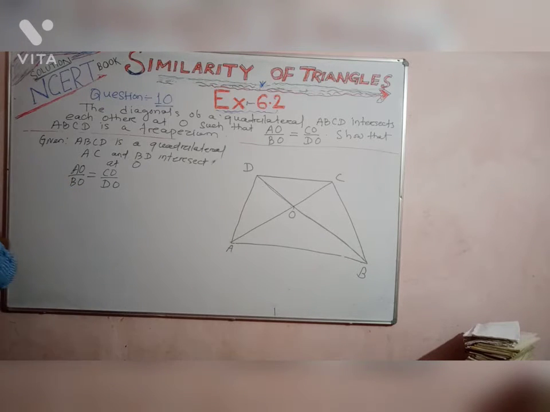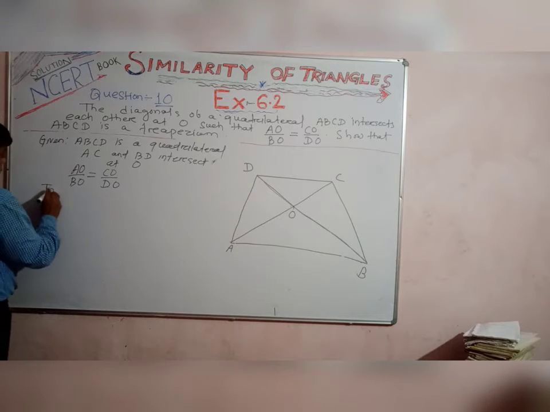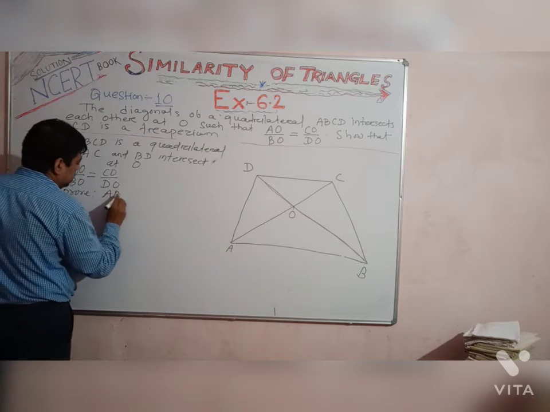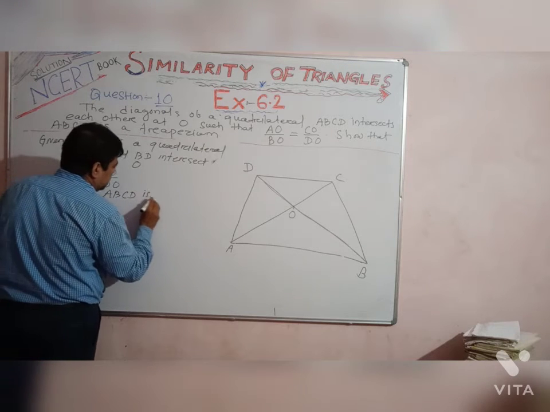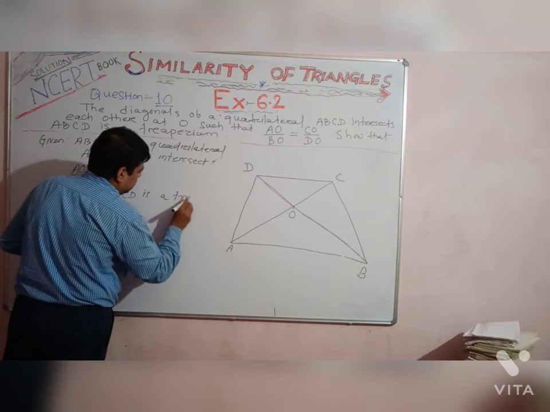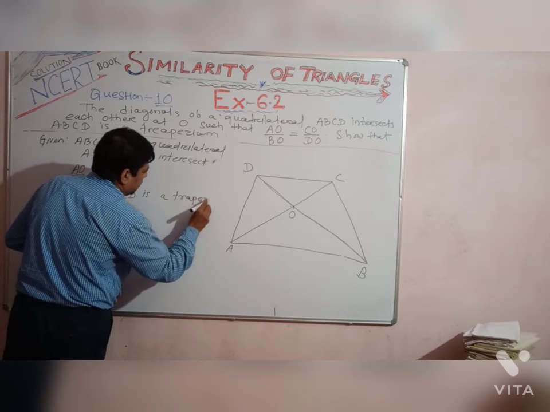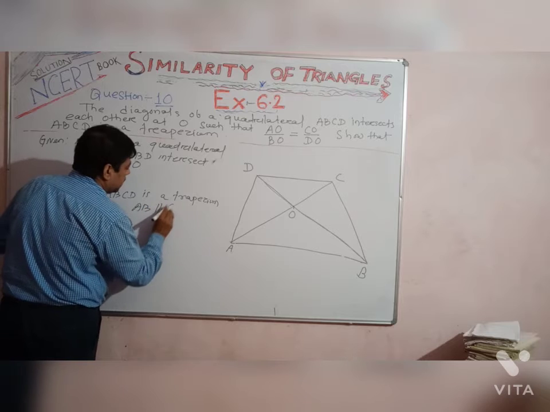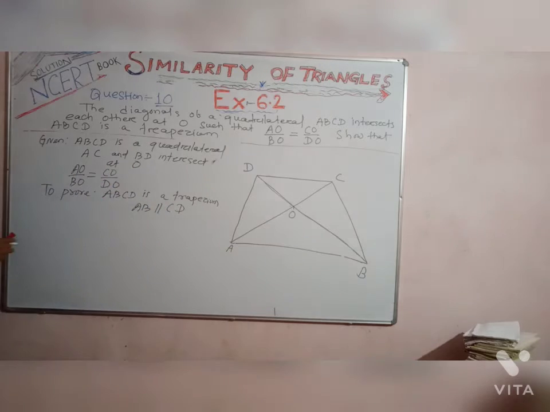So this much is given, and you have to prove that ABCD is a trapezium. It means we have to prove that one pair of opposite sides, AB, must be parallel to CD. Then it can be a trapezium.